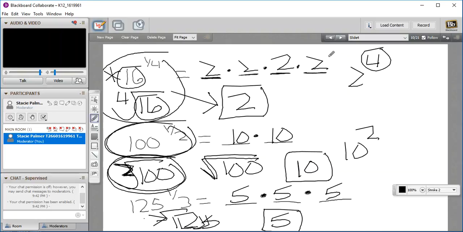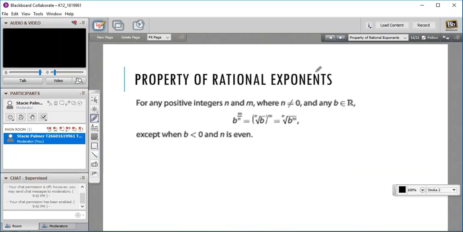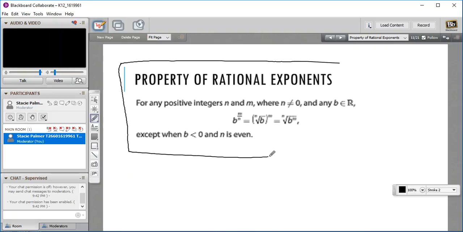Okay, so now I'm going to take something that I hope is not super confusing, and we're going to add one more thing to it, and then we're going to practice some problems. Okay, so property of rational exponents.